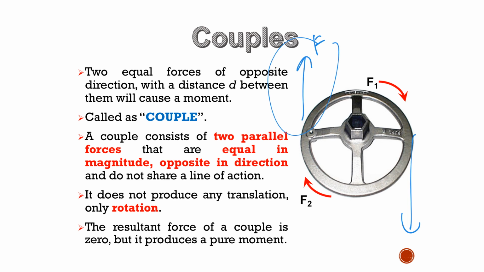You have two forces that don't share the same line of action, which means that here this is one line of action and this is another line of action. You have two forces, same magnitude, moving in different directions. That's what we call a couple. But mostly for your questions, you don't have any couple questions because the level is quite high.